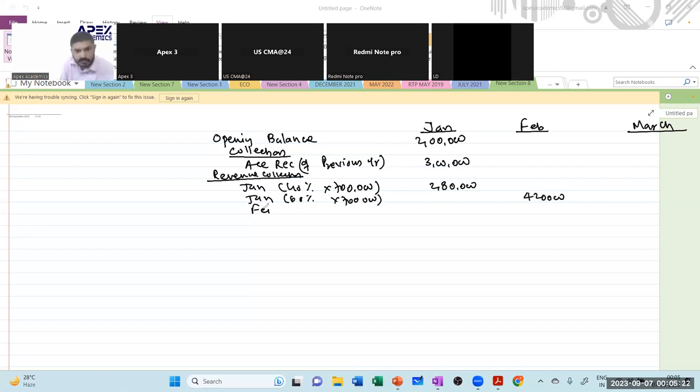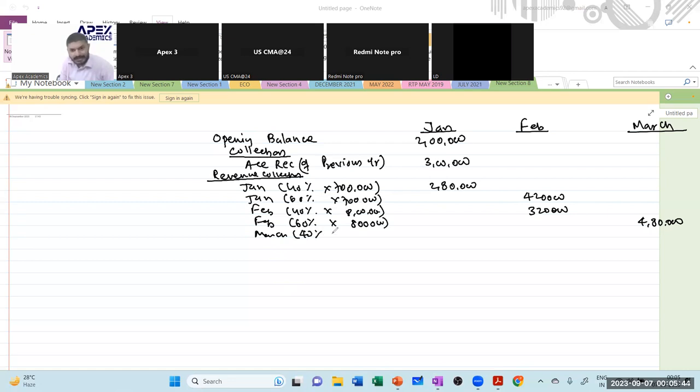What about Feb? 40% of Feb, which is 8 lakhs, is collected in Feb. Feb, 60%, which is 8 lakhs, is collected in March. What about March?